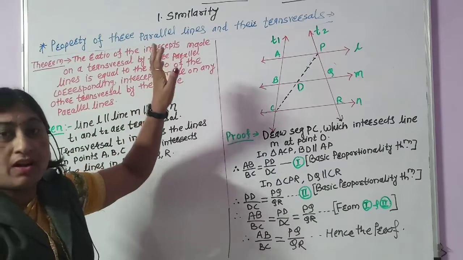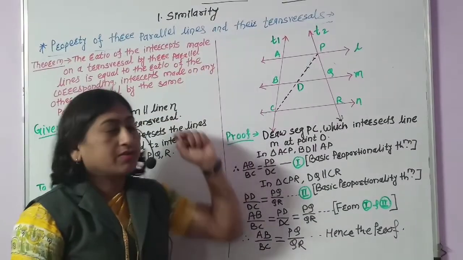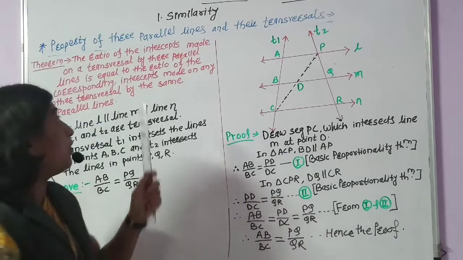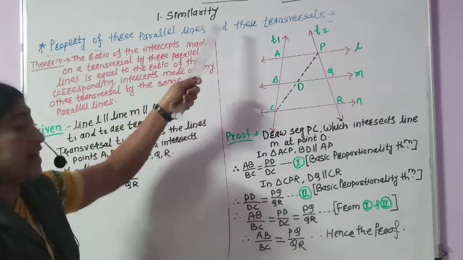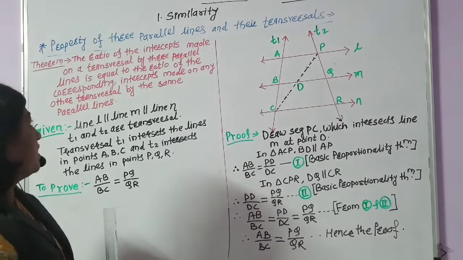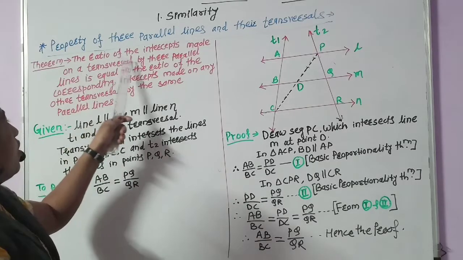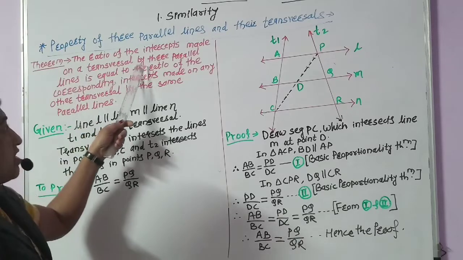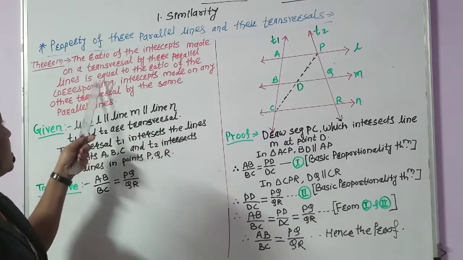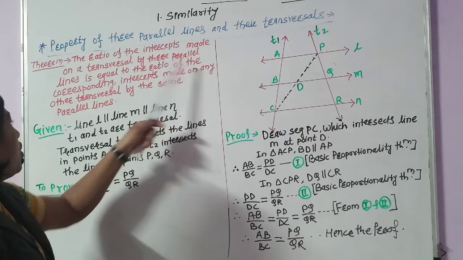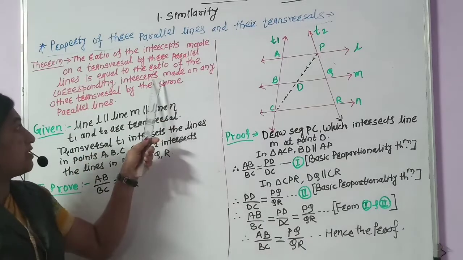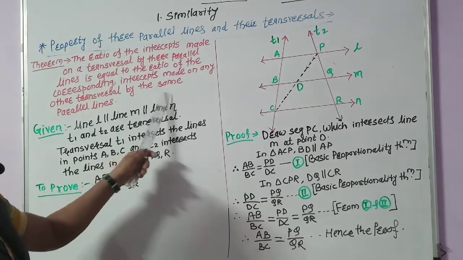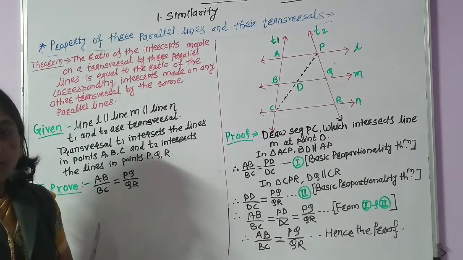Property of three parallel lines and their transversals. So we write the theorem for that: the ratio of the intercepts made on a transversal by three parallel lines is equal to the ratio of the corresponding intercepts made on any other transversal by the same parallel lines.